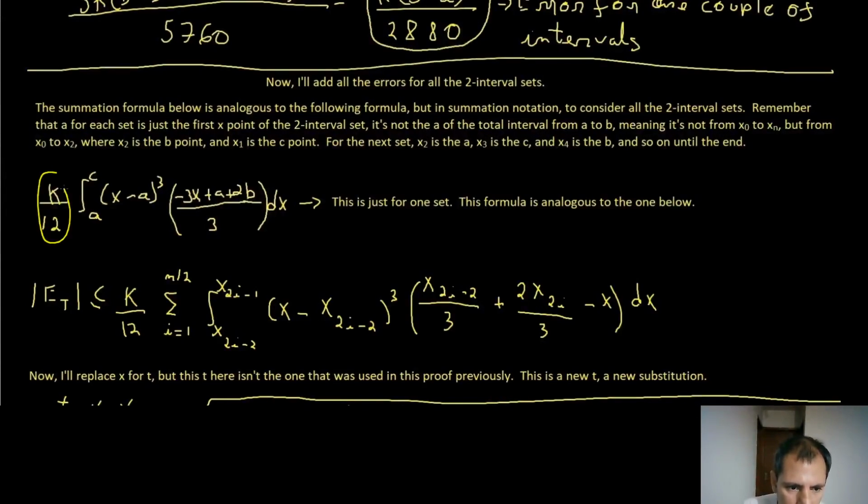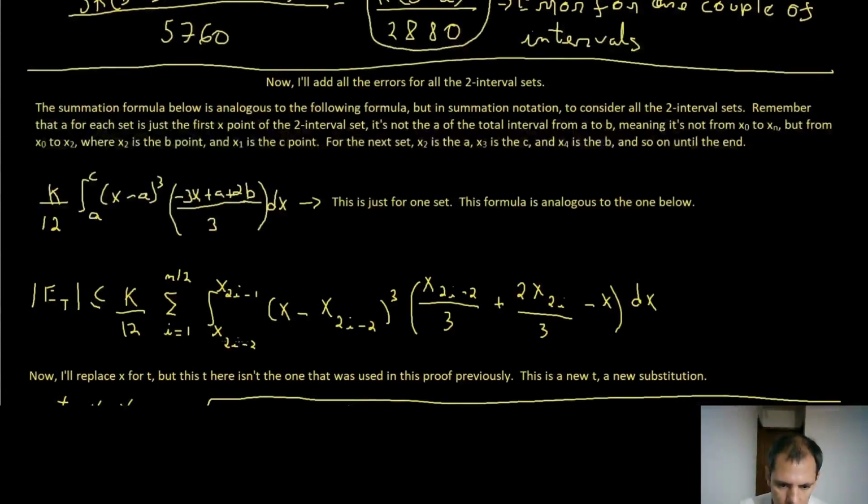So you don't want to just have one integral. You see this a here, guys, is x0, and this c is x1, and that's it. What about x2, and x3, and x4, and x5, and x6? So that's why I'm doing this stuff in here.